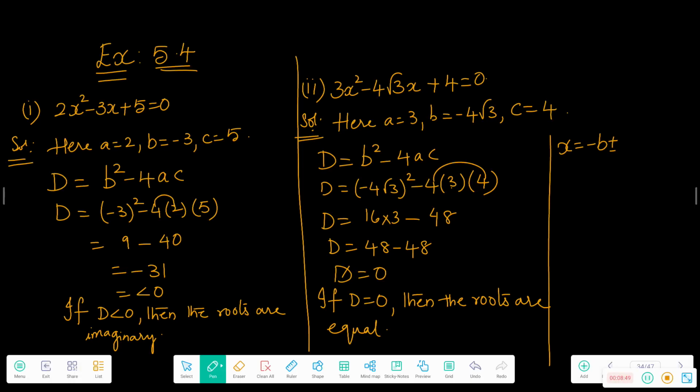Now we can find the value. X is equal to minus b plus or minus under root of b square minus 4ac by 2a.